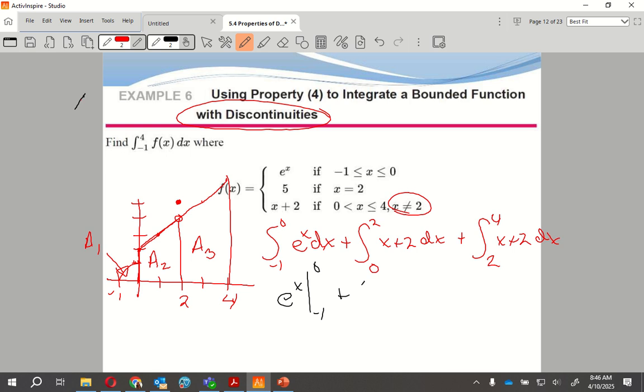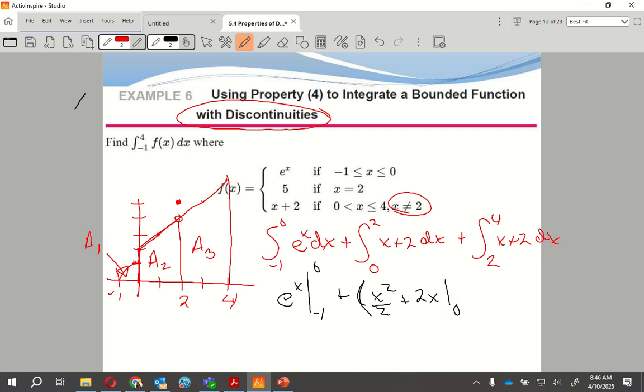What's this next one gonna be? x squared over 2, plus what? 2x, yes.